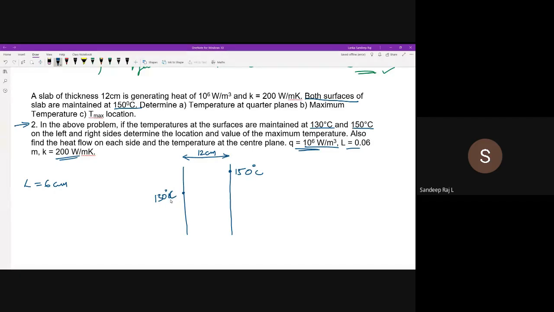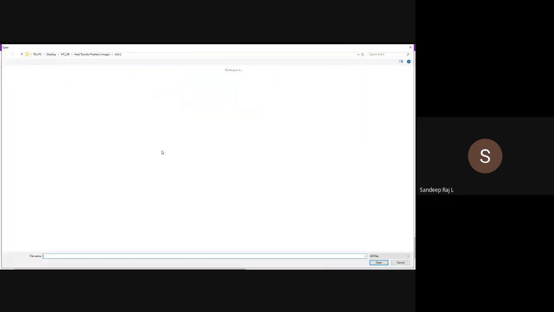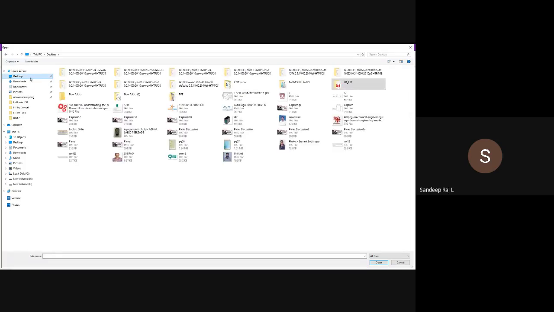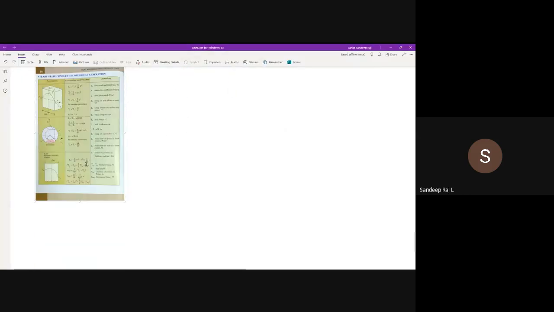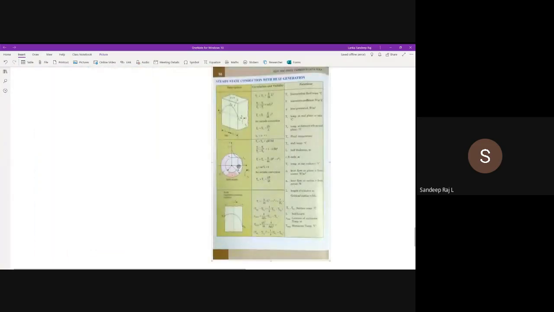But for now, I'm going to show you the data book here so that it will be easy for us in this online class. But strictly speaking, you should have a data book with you, and you have to use it in your exam also.